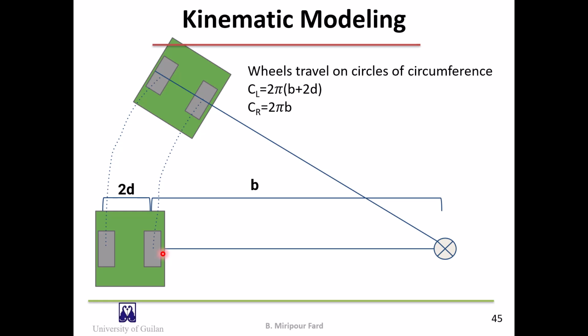The circumference of the circle on which the left wheel moves is denoted by CL, and it's equal to 2 pi times B plus 2 times D. And the circumference of the circle on which the right wheel moves is denoted by CR, and it is equal to 2 pi times B.